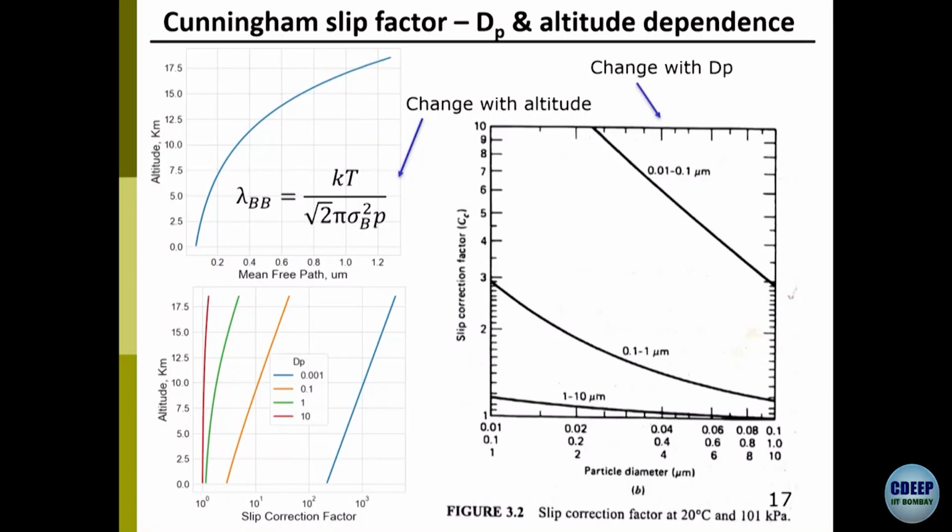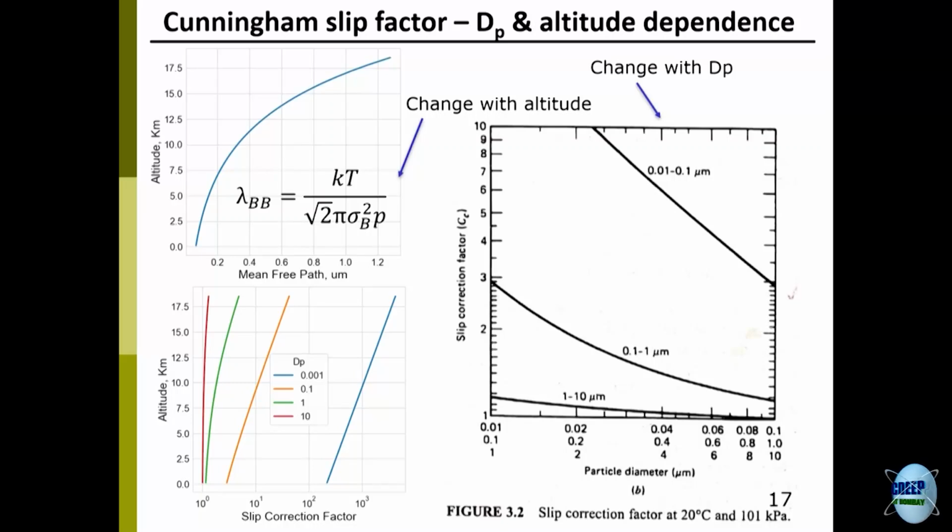Over here we're looking at 10 micron, 1 micron green, 0.1 micron orange, etc. In the atmosphere, and this is a figure from Hinds' book, which is showing you the slip correction factor that changes with dP, and because you're looking at many differences in particle sizes, it's being shown as 3 different lines for 3 different ranges, which you can read off the bottom, right?